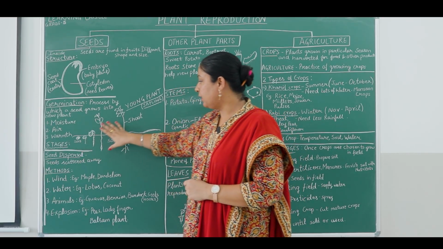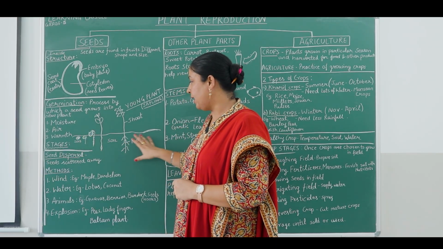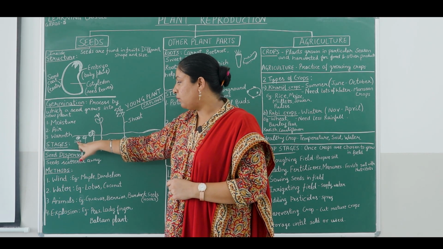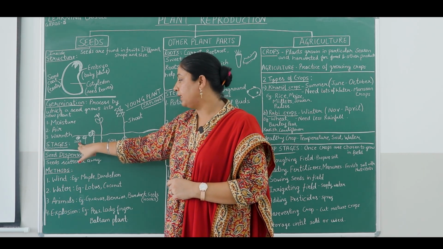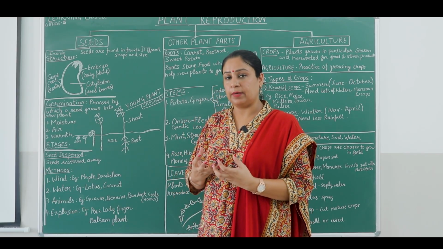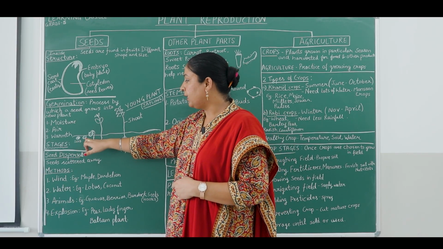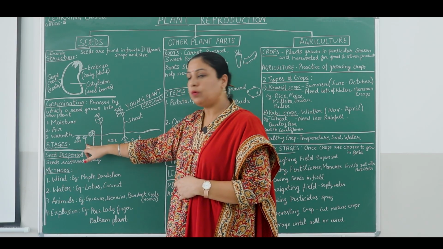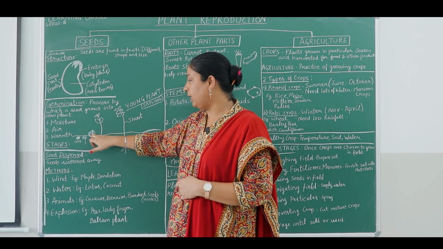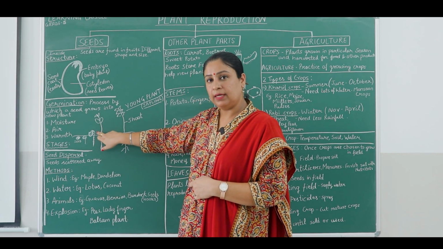So there are these different stages of germination. This is our soil, where the seed is inside the soil. Now when water is given to the soil, the seed soaks the water and swells up, loosens up. Once it loosens up, the little root comes out of the seed first, and then slowly the shoot system starts developing.